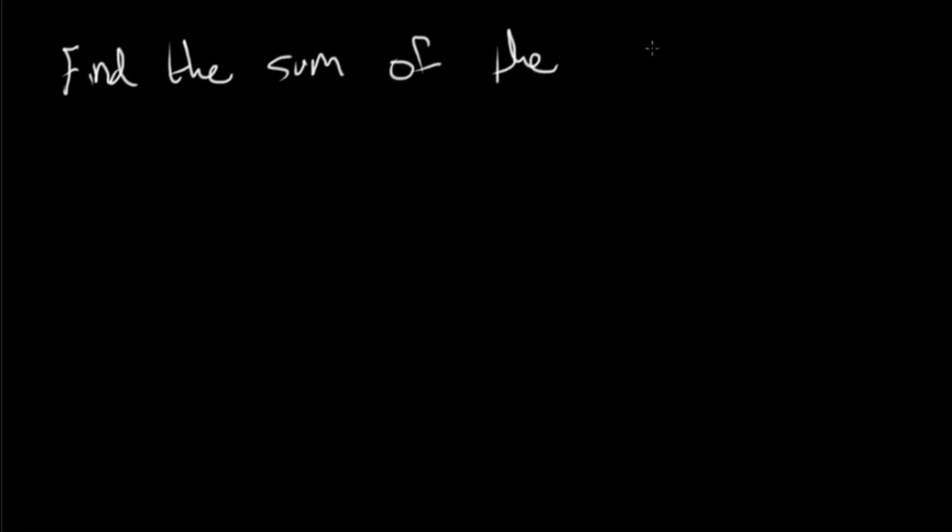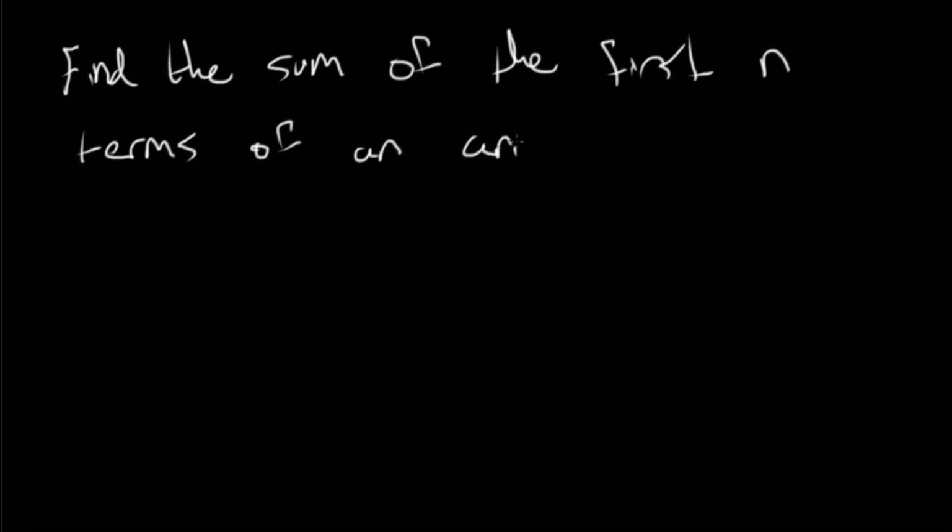All right, that's actually what I want to do next. I want you to find a formula for the sum of the first n terms of an arithmetic sequence. Think about how to do that.